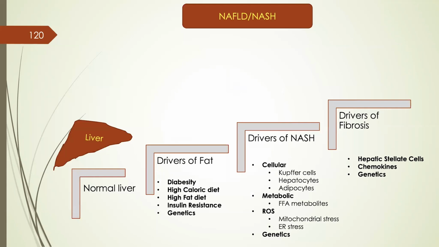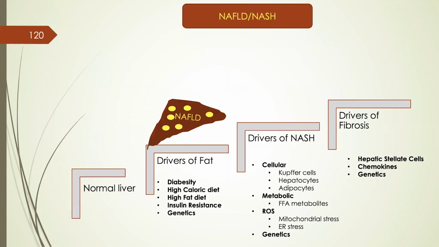To sum up, ladies and gentlemen, in a normal patient with a liver, to have fatty liver deposition, you need activation of the drivers of fat, which could be in the form of diabetes, intake of a high caloric diet, high fat diet, onset of insulin resistance, in the presence of a genetic abnormality which predisposes to this.